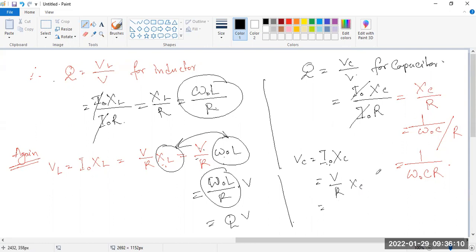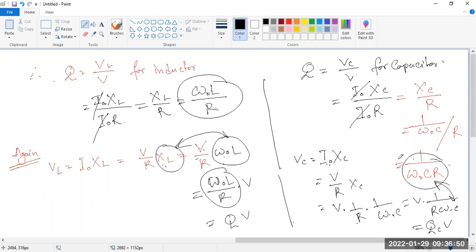XC means 1 by omega C, so V by R, or we can write in this way V, 1 by R dot 1 by omega naught C. If you multiply this, it becomes V into 1 by R omega naught C. You can see this term is the same, so we can write that as QC into V. This is equal to this.